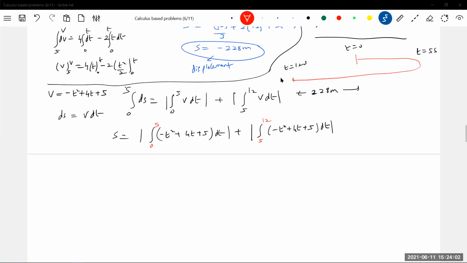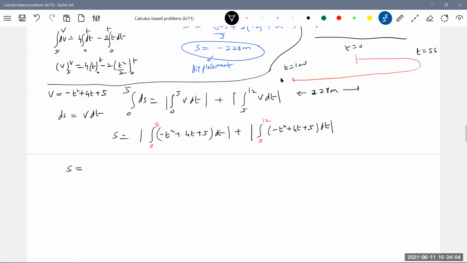This will solve it. S is equal to, it's very lengthy. It's going to be minus t squared dt, 4t dt, plus 5 dt, mod of it.